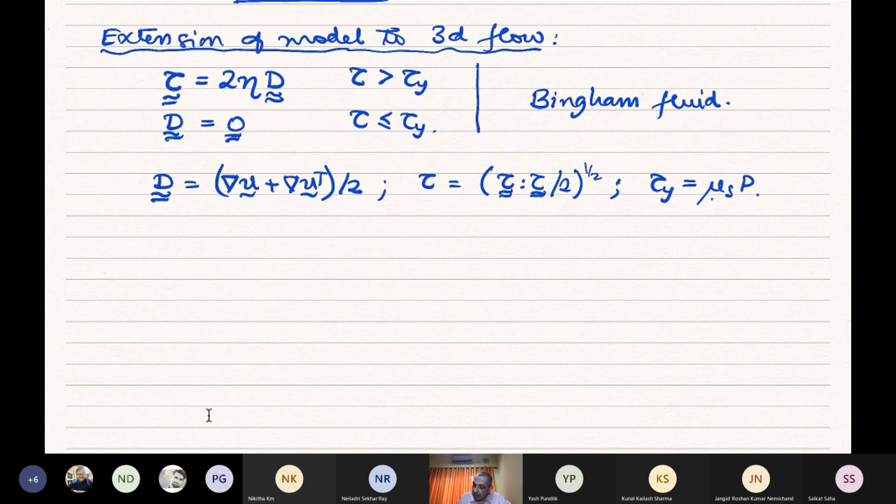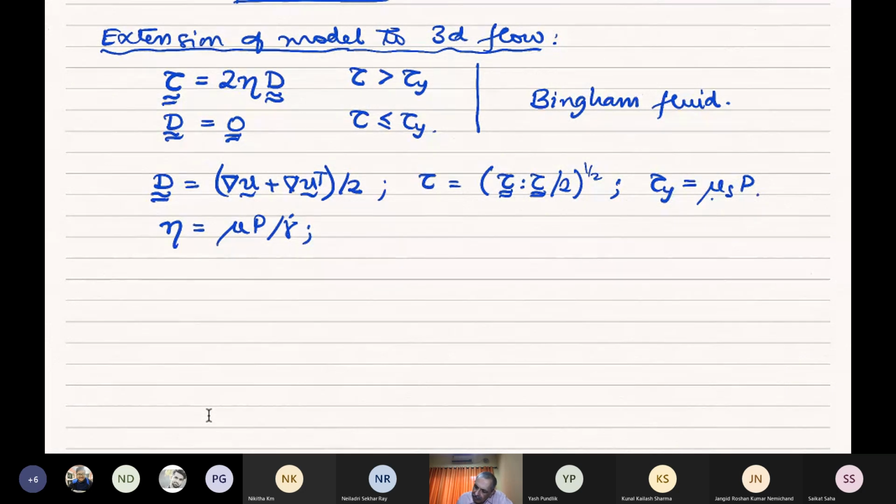So this is interesting because the yield stress is not a constant, but because this is a granular material, you actually have a yield stress that depends on the pressure. So higher the pressure, higher the yield stress. So this is the definition of the model. And the last thing to write down is eta, as we have seen before, is just mu p by gamma dot.